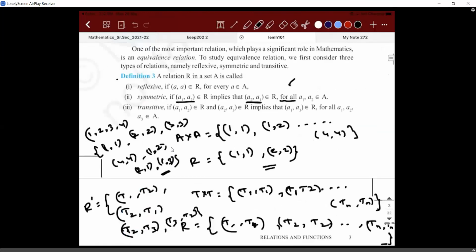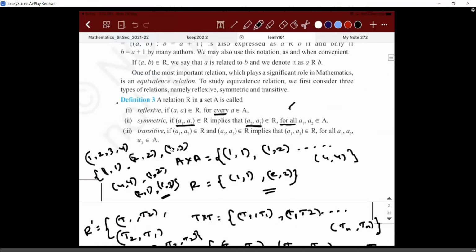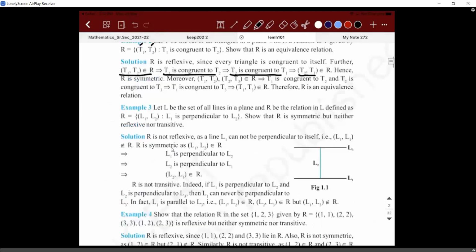It is for all, for every. 3, 3, 4, 4 is there. That can be there. See, for example, I take this problem.